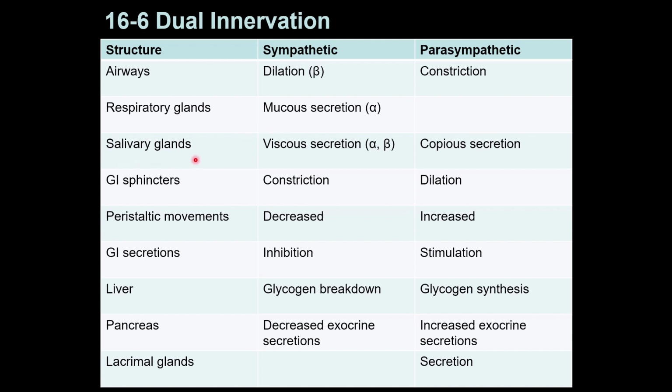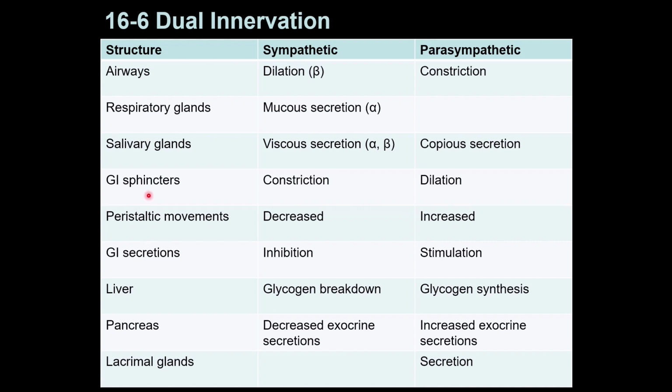The salivary gland is increased during parasympathetic, and as you know, parasympathetic becomes more active during digestion. That makes a lot of sense, because the salivary gland is important for swallowing, and there's also some digestion that takes place by saliva.